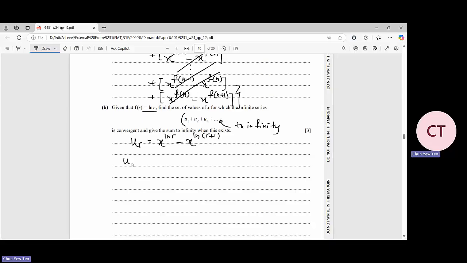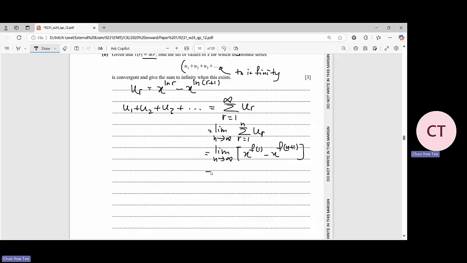Now u1 plus u2 plus u3 plus dot dot dot actually means the sum to infinity of Ur. You just need to write it as the limit as n goes to infinity of the sum of this. From the result of part A, we have found that it is x^(f1) minus x^(f(n+1)).